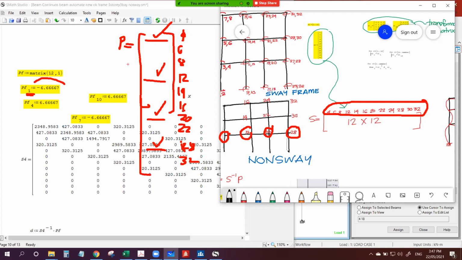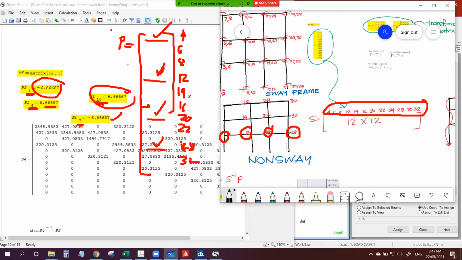So that is negative 6.667. 12 is located on 1, 2, 3, 4, on the fourth, 6 positive. 20 is located on the seventh. 1, 2, 3, 4, 5, 6, 7. Okay, consistent, no? And lastly, 28 is located on the 10th, no? 6.667.